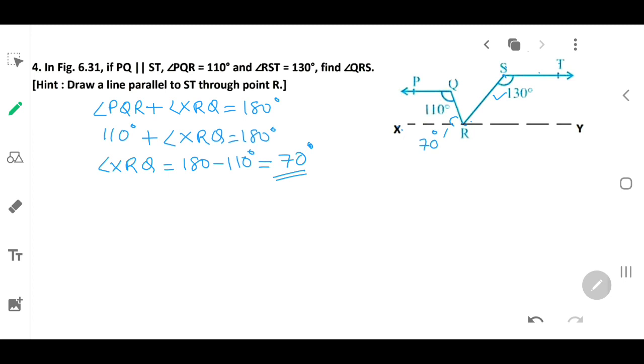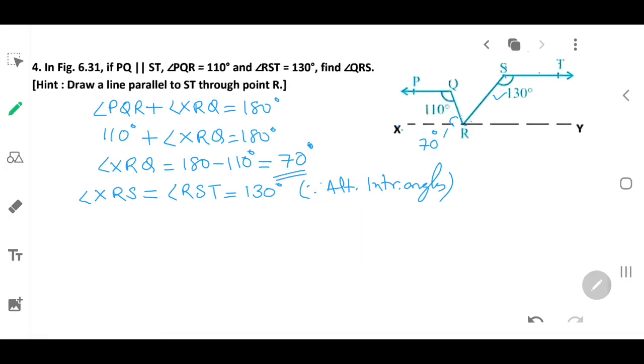Both will be equal. So you write here angle XRS is equal to angle RST. So both will be 130 degree, since alternate interior angles. Correct? They are alternate interior angles.